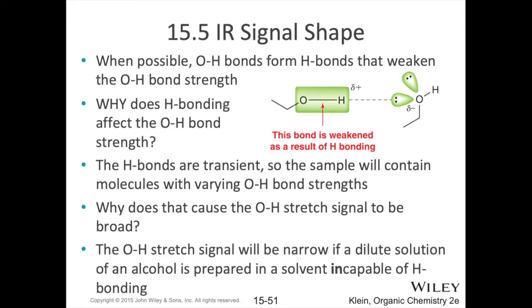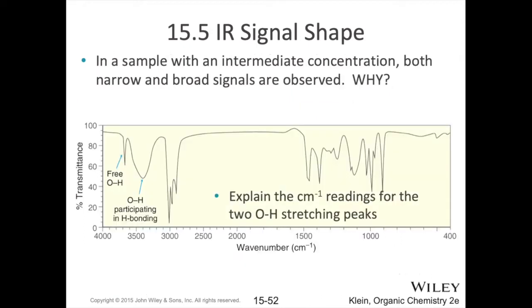So you can actually play around with this to confirm the presence of one of these labile hydrogens. If you use a solvent that prevents hydrogen bonding, you would see that what would normally be a broad peak would become very narrow. That would confirm that you are dealing with something that normally would have hydrogen bonding.